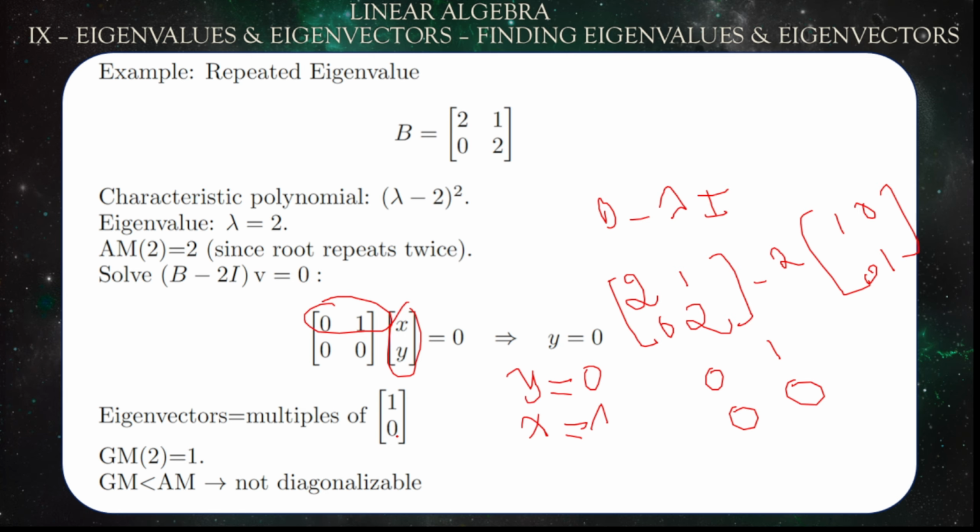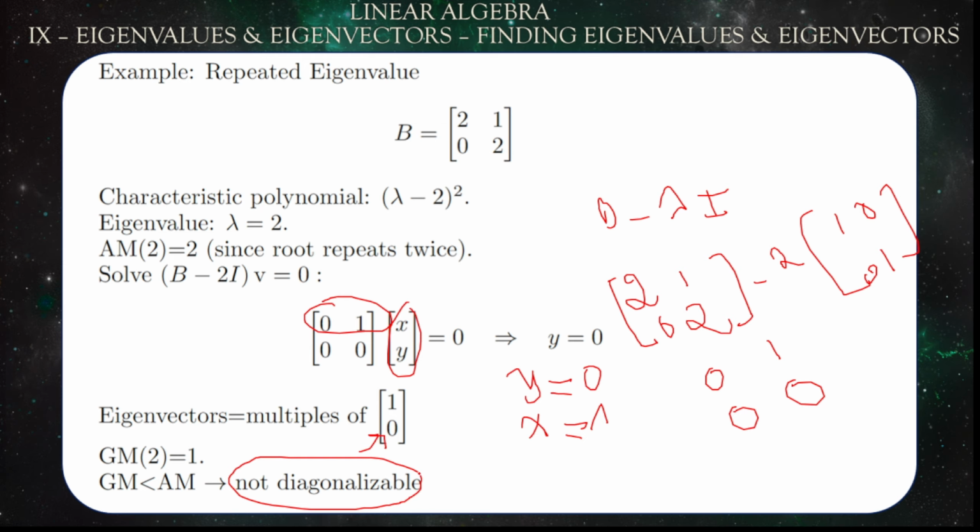So this is one eigenvector, hence the geometric multiplicity of 2 is equal to 1, since we have only one eigenvector. GM is less than AM. They are not equal. So as a result, the matrix B is not diagonalizable.